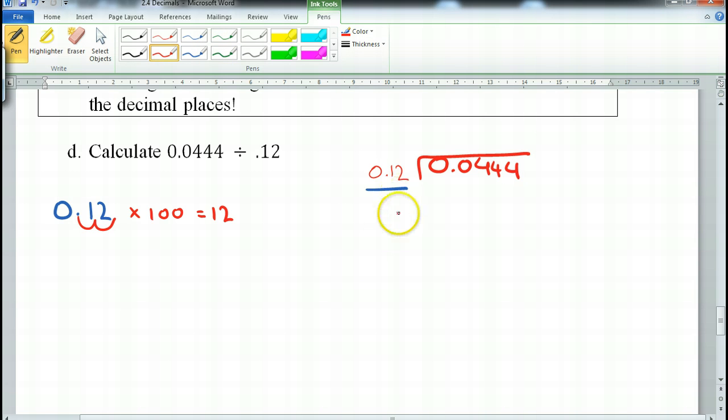However, the really important part, where you might make a mistake, is if you multiply the divisor by 100, you also have to multiply the dividend by 100 as well. So if this is going to become 12 over here, then your dividend 0.0444 has to get multiplied by 100.